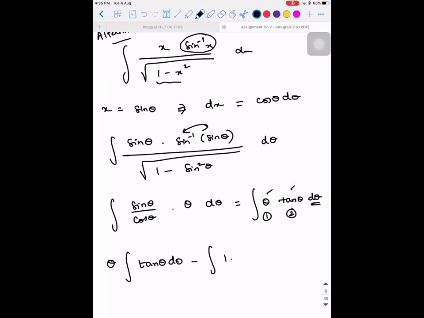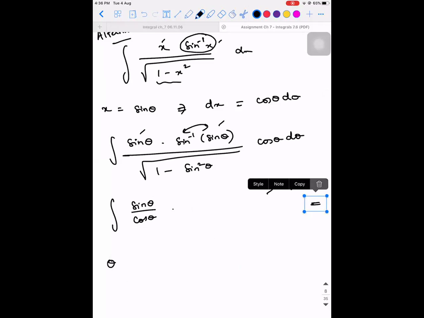Wait. I made a mistake. Dx is cos theta d theta. Right. So x is sine theta. Sine inverse x is sine inverse of sine theta. Root of 1 minus sine square theta into cos theta d theta. So this whole thing will get eliminated.